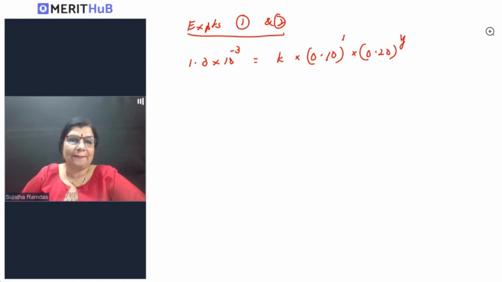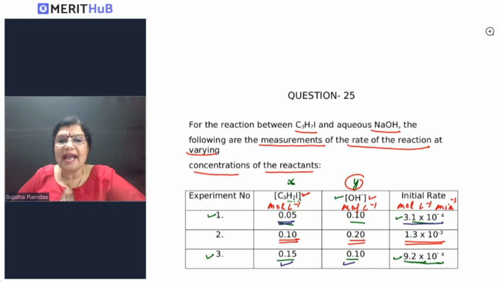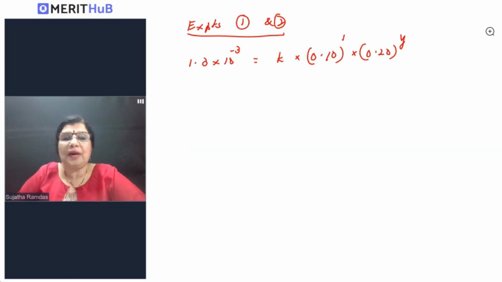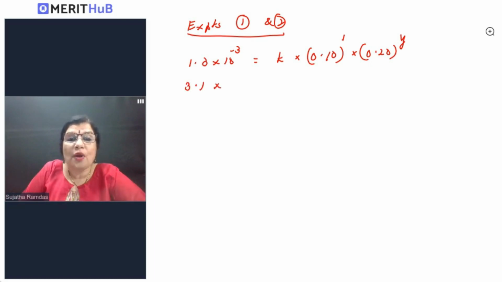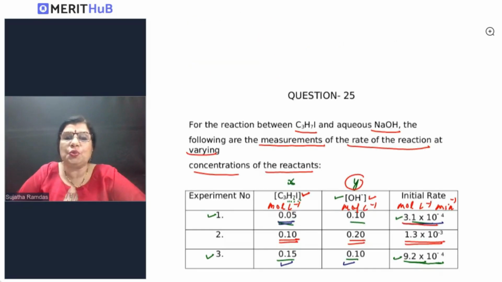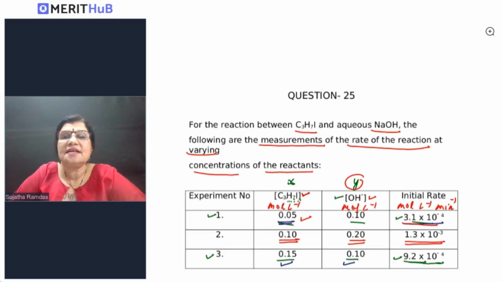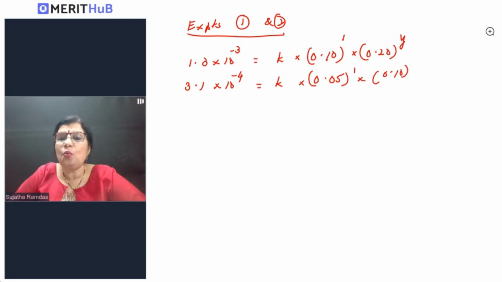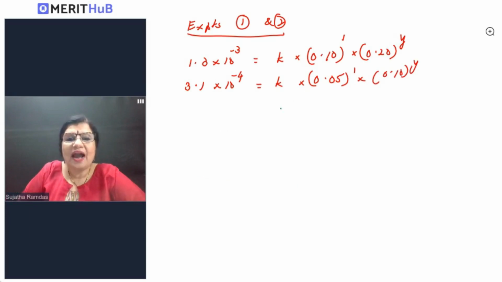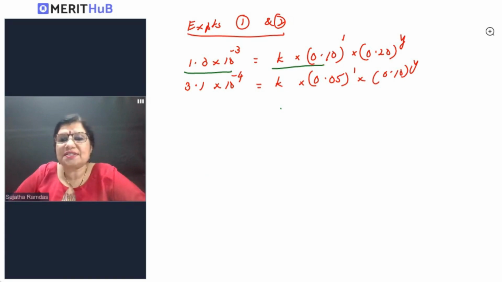Now, the rate of the reaction in experiment 1 is 3.1 into 10 to the power of minus 4. 3.1 into 10 to the power of minus 4 is equal to K into the concentration of C3H7I in experiment 1, which is 0.05 to the power of 1, and this is 0.10 to the power of Y. Now we divide these two equations.